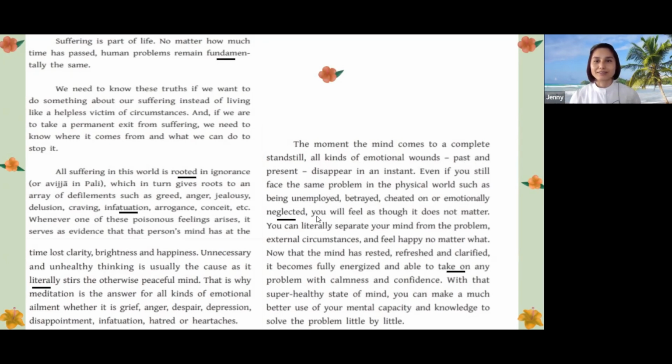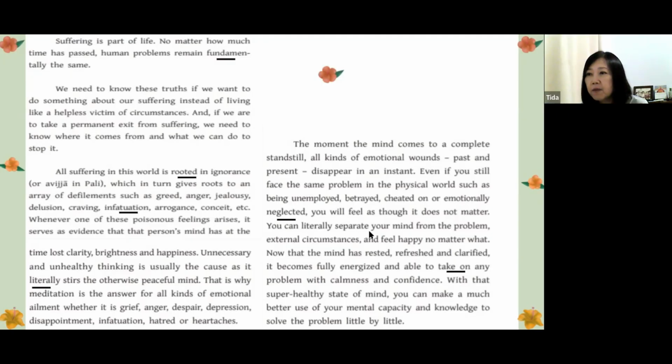You will feel as though what is thought does not matter. You can literally separate your mind from the problem and external circumstances, and feel happy no matter what.